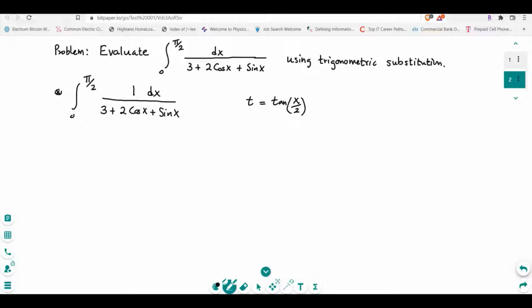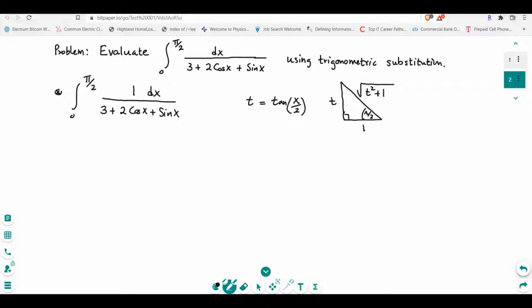So if we draw a right angle triangle with this angle x over 2, then this side is t, and that's 1, right? Because tangent is defined as the opposite over the adjacent, and then you can get the hypotenuse as the square root of t squared plus 1 squared.